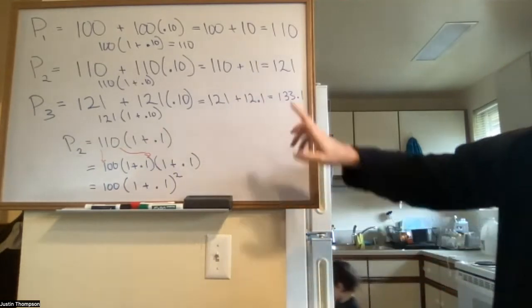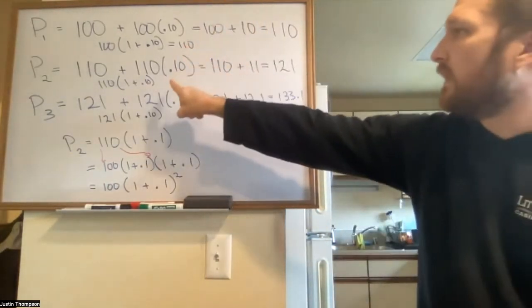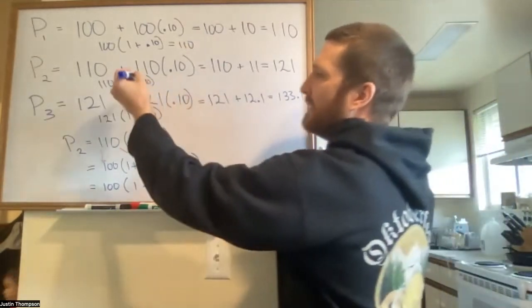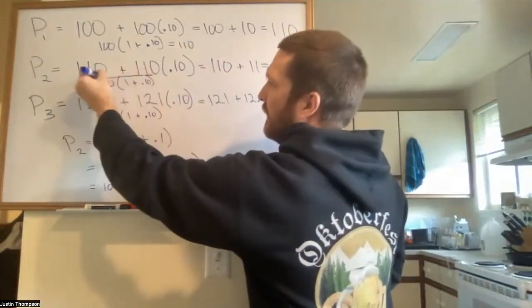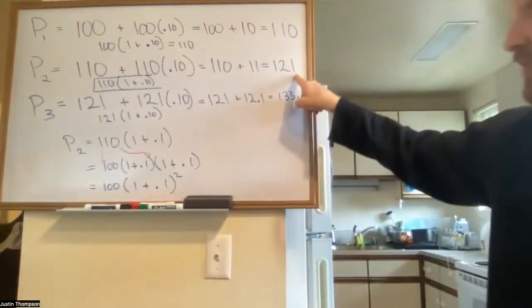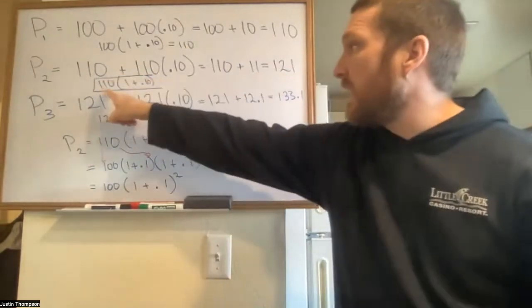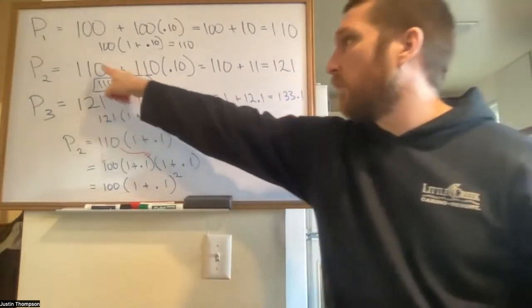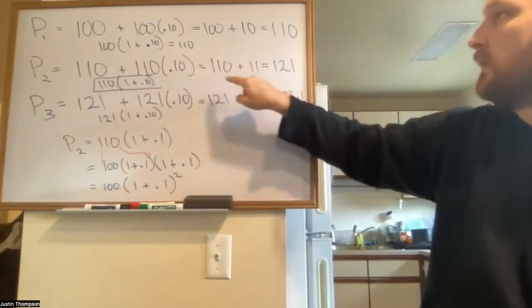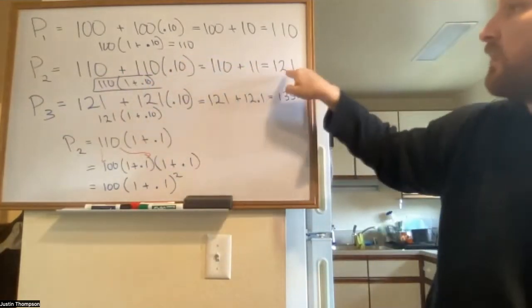So let's see. In fact, I'm going to go ahead and write that right here. We could calculate this too, right? We could take 110, multiply it by 1, you get 110. Multiply it by 0.10, you get 11. 110 plus 11 is 121.